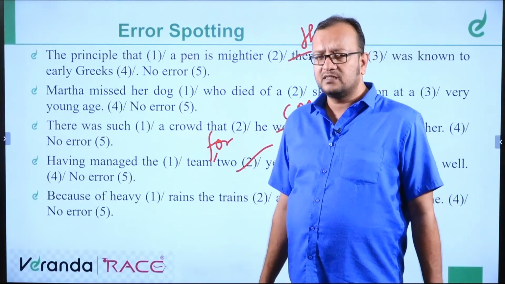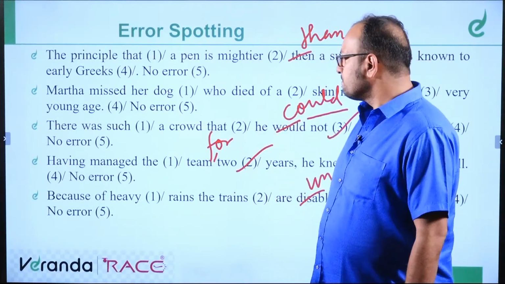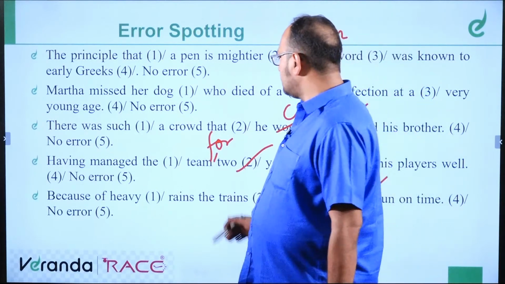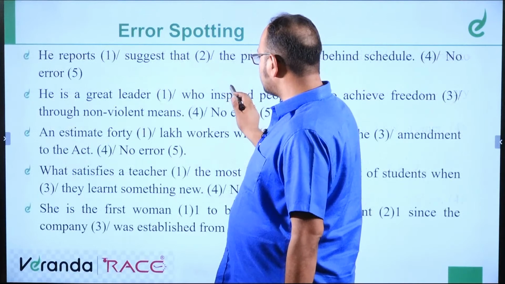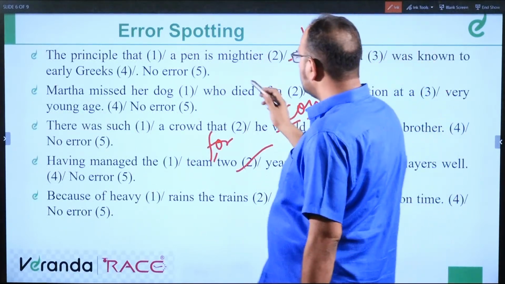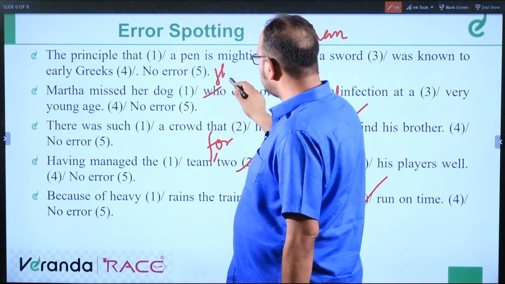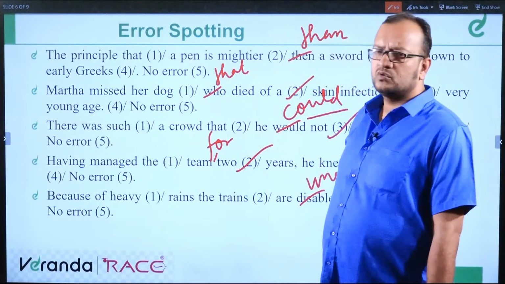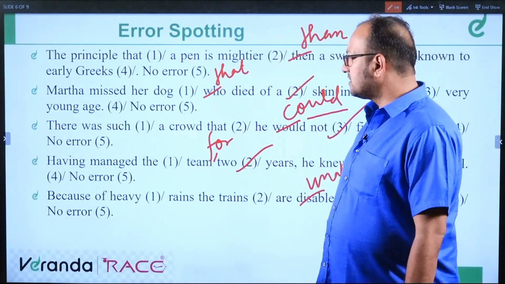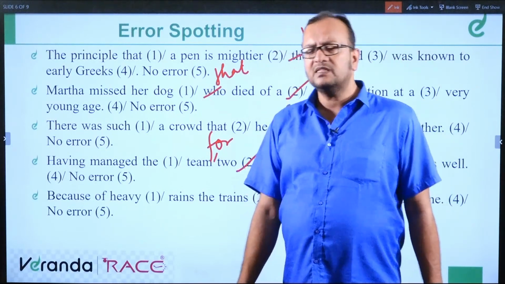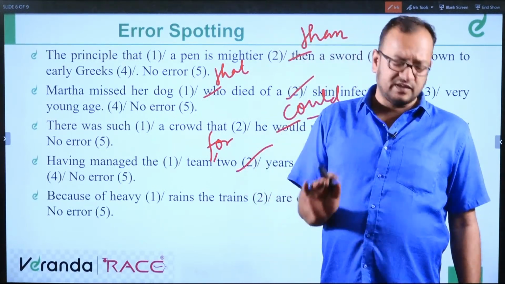Martha missed a dog who died of a. I think it should be that. So the error is in part 2. Martha missed her dog that died of a skin infection. For animals we cannot use who. I'm sure of this.